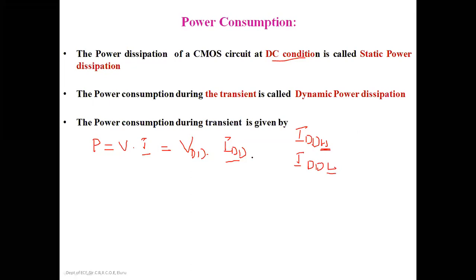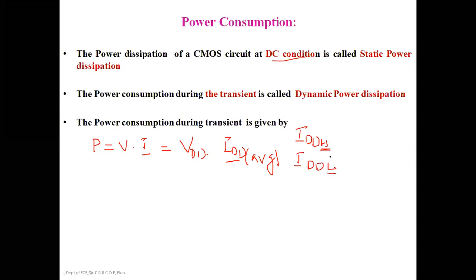Therefore the term can be VDD into IDD average. So the static power dissipation can be easily determined: P equal to VI, where V is VDD and I is IDD, the supply voltage and the output current. But this output current again has two components: the amount of current drawn when the output is at high state and the amount of current drawn when the output is at low state.